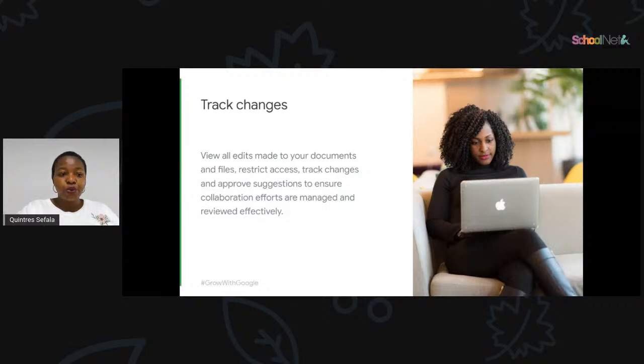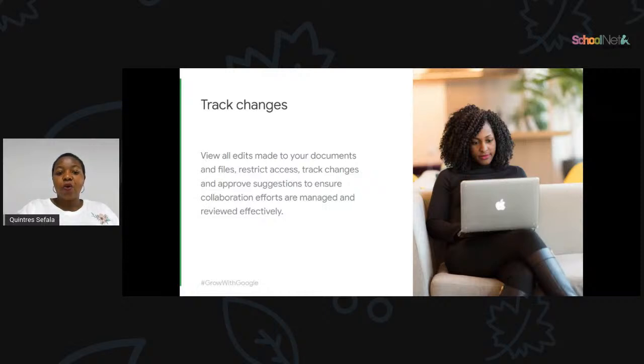So to review, how do you review or track changes, right? So step one, you need to open your file in Google Drive. Always remember that you need stable connectivity for you to do this, right? So you open your file on Google Drive, and then from your docs, your sheet or slide, select file, and then select version history, and then you will see the version history.